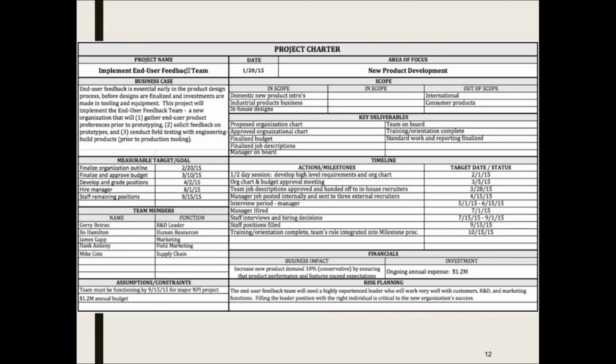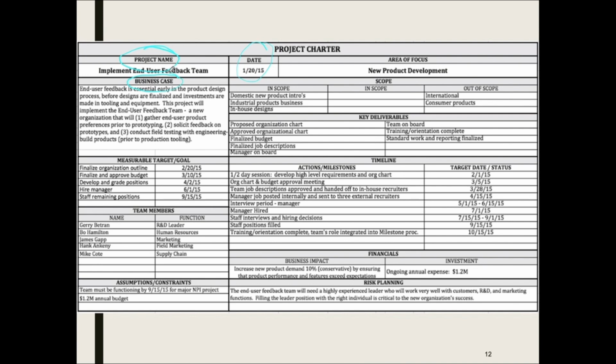This is the project charter. This is just an example. Project charters come in different forms, but you can see here that these are the main areas. A project charter will have the project name, and when the project will start, so you have the starting date. It will have the business case. If you read here, you will see that they are trying to justify why this project is happening.